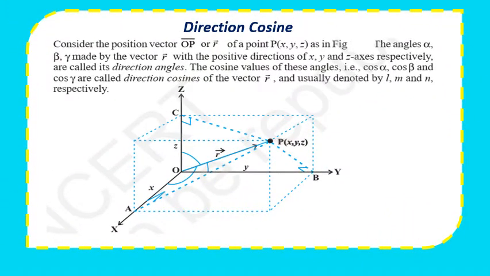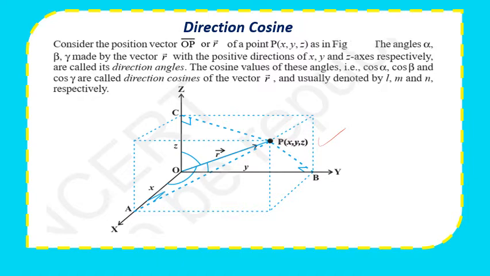Now there is a very important term called direction cosine. You can see that we have a point P over here, x, y, z. So we have the position vector, that is OP. Now this OP is making certain angles with the axes. Suppose these angles are alpha, beta and gamma with respect to x, y and z respectively. So these angles with the axes, that is x, y, z, are called the direction angles.